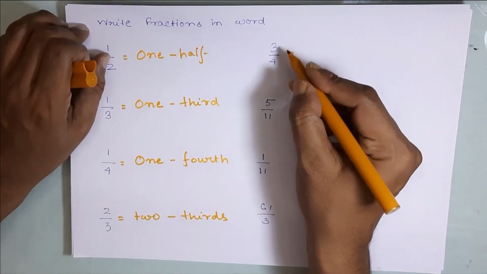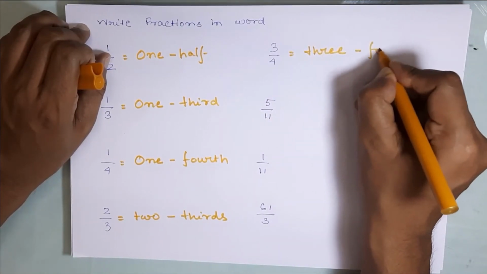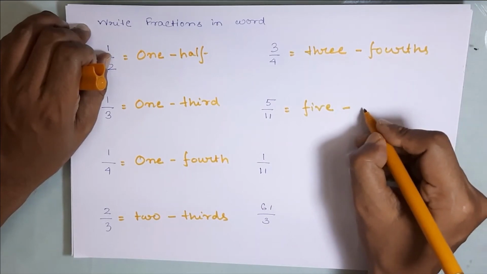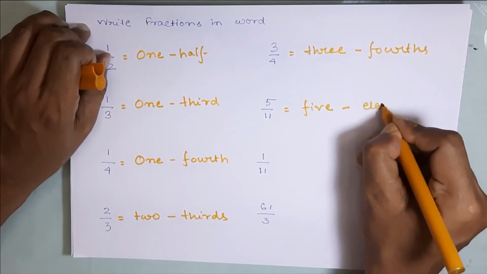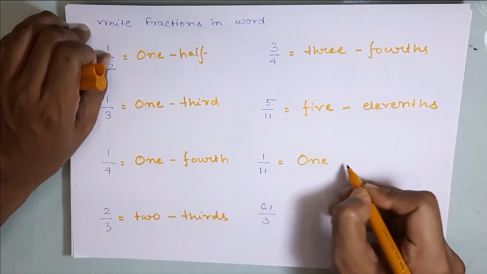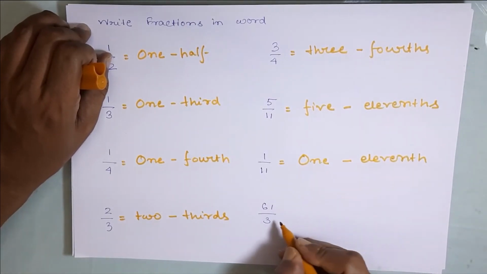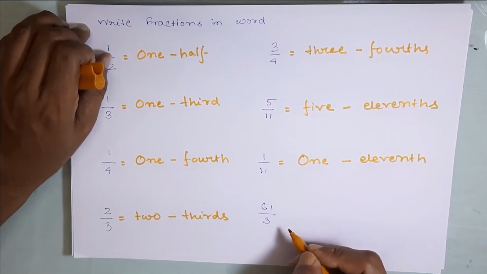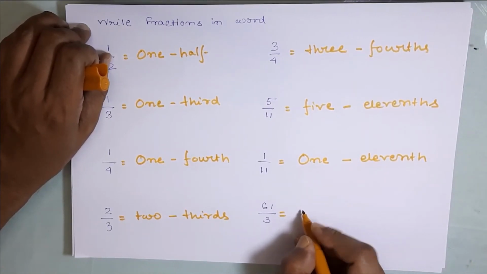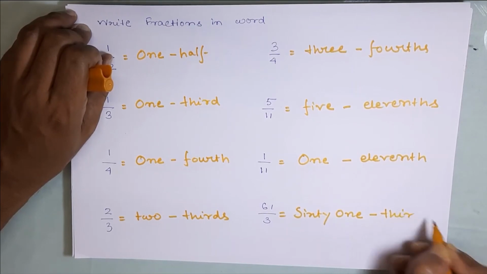So what will be the representation here? 3/4 will be represented as three fourths. 5/11, five elevenths. 1/11, one eleventh. 61/3 is your improper fraction where your numerator is greater than the denominator, and we'll represent it in words as sixty-one thirds.